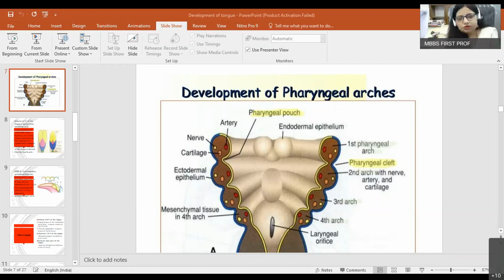To the roof, it is a rare condition, that is, it is fixed to the palate. But normally, ankyloglossia is present when there is a fibrous band between the floor of the mouth and the tongue. See, this is ankyloglossia. It may be complete or only the tip is involved.